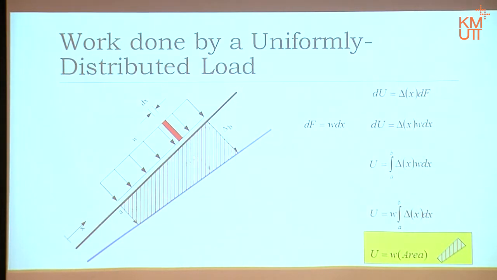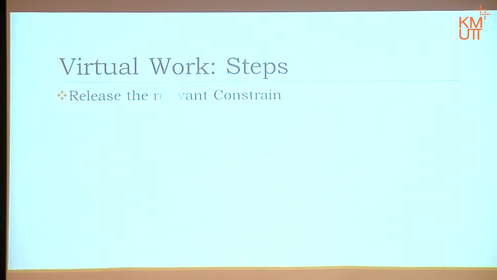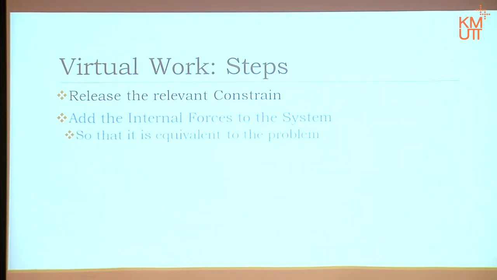One of the steps is we have to release constraint, which then the two will be involved in this case. We release constraint. At the time we change the condition of the support so that we can see reactions. Then the second step, we add the reaction back to the system, but in this case we want to calculate, we want to see internal forces. We will change something else, not the support.